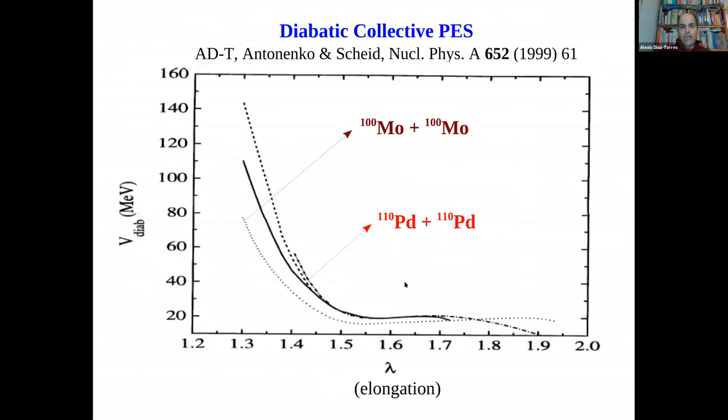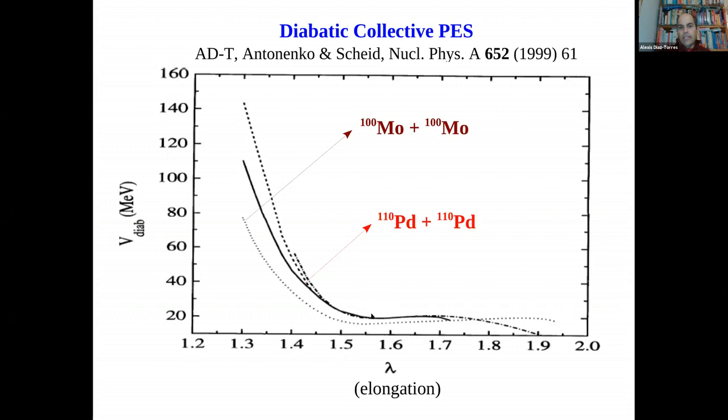As a consequence, the total potential binding energy as a function of lambda of the system will increase. So this is the total energy, including this diabatic contribution. This diabatic motion produces a very repulsive core in the nucleus-nucleus potential.